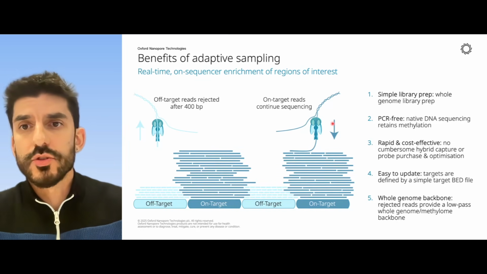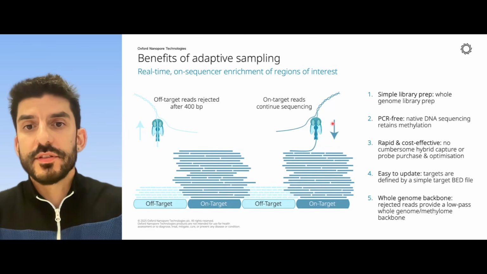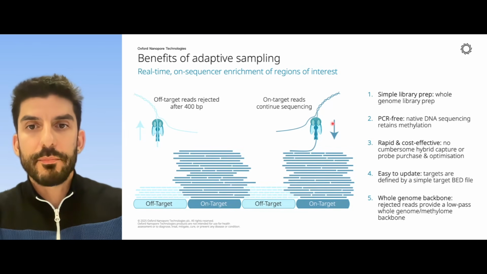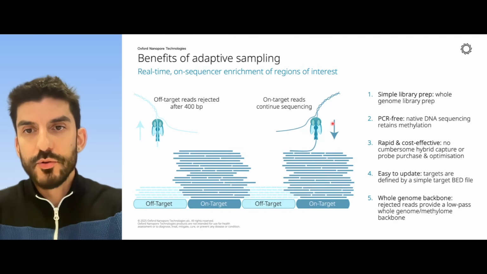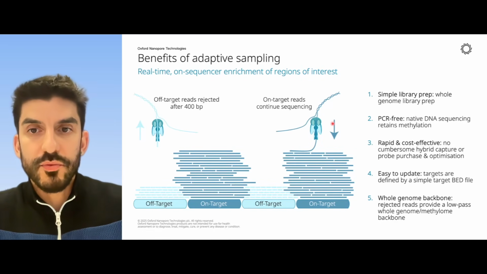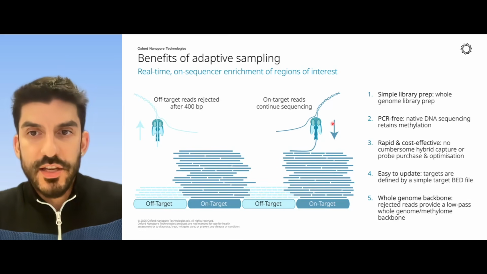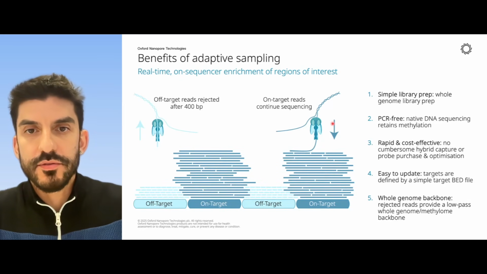This technique is also very simple to prepare because there's literally no difference in the protocol for a library prep between a whole genome sequencing approach and an adaptive sampling approach. It's PCR free, and it's also more cost effective than having to perform hybridization capture or having to buy probes to target each one of your targets.